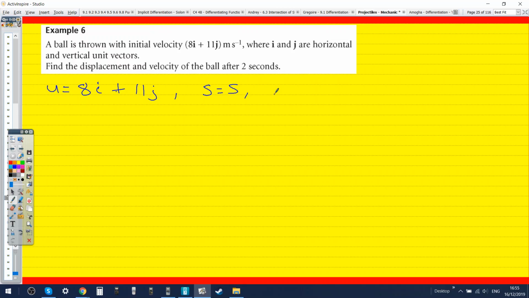Is our acceleration the same as the vector we used before, 0 and minus 9.8? Yeah, so what is it in vector form? i and j? 0i, so it would just be minus 9.8j. Well done. And we know the time is 2. So could we use S equals ut plus a half at squared?